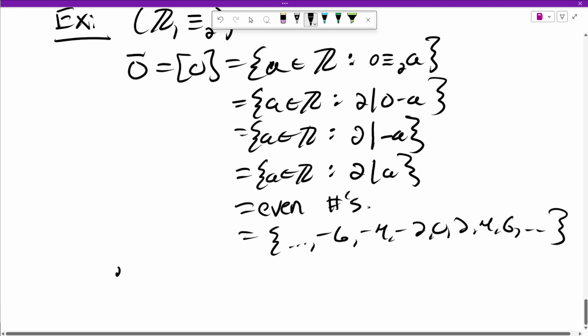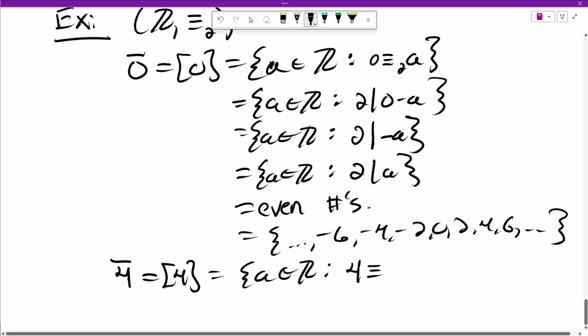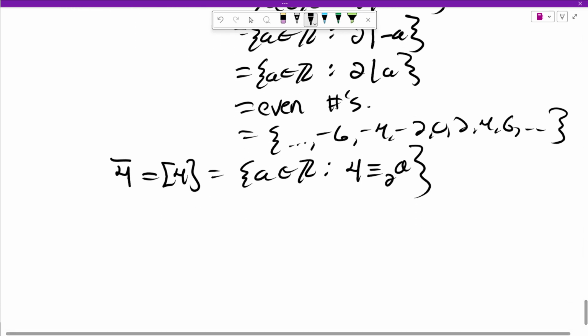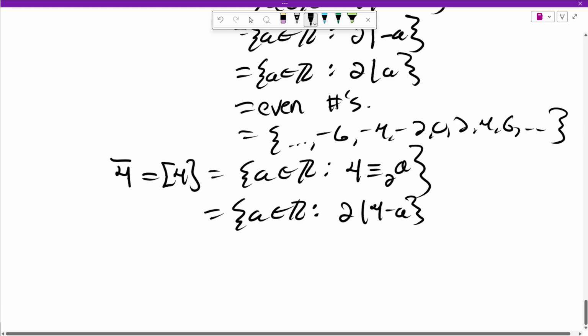Let's look at what 4 bar is, also written as brackets 4. Again, that's just notation. This is the collection of all A's in Z such that 4 is equivalent mod 2 to A. That's the collection of all A's in Z such that 2 divides 4 minus A, so 4 minus A is 2k for some k.